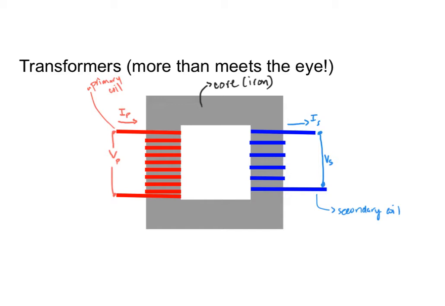And in fact, because I know that dΦ/dt is constant, so my change in flux over time is the same in the primary coil, the core, and the secondary coil, I can actually really easily relate the voltage in my primary coil and the voltage in my secondary coil with the number of coils in each, the number of loops.